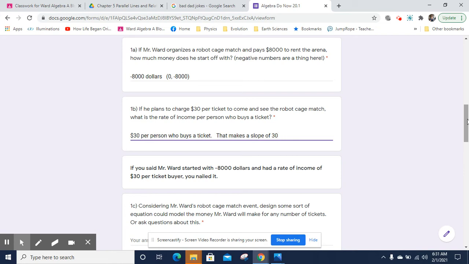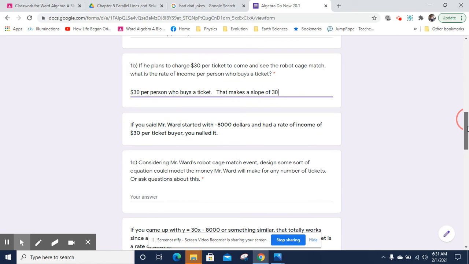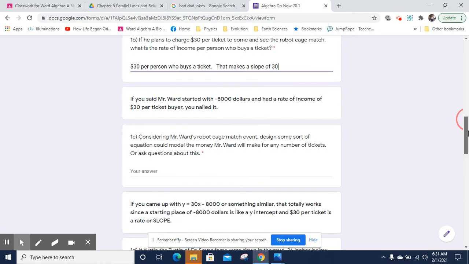So I have one rate and I have a starting point. And if I have one rate and a starting point, then probably the slope-intercept form would work best because the slope-intercept form is based upon a rate for a slope and a starting point, which is often a good thing as a y-intercept.